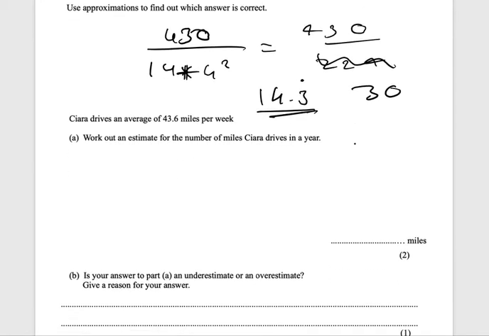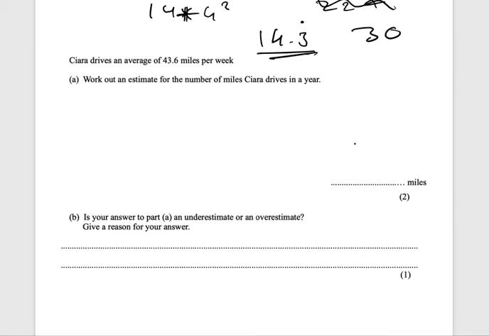Next question. Ciara drives an average of 43.6 miles per week. Work out an estimate for the number of miles Ciara drives in a year. So 43.6, we can round that to 40 to one significant figure, and that's per week. In a year, there are 52 weeks.